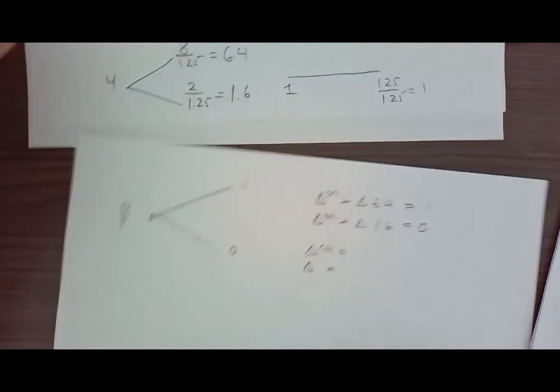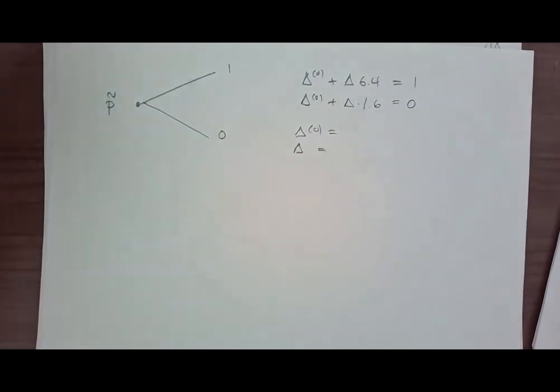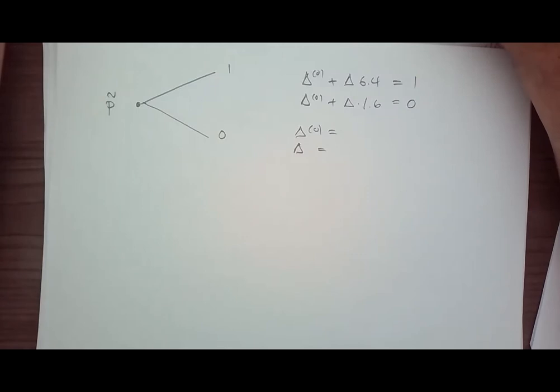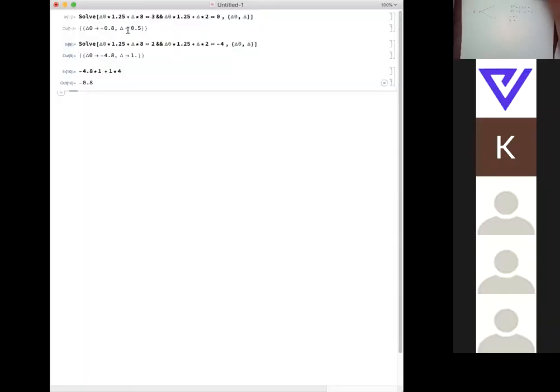So let's switch over to Mathematica and solve these two equations. What I have here is that there's no interest on the bank account. Instead of 8 here, it's 6.4, and I want this to be 1.